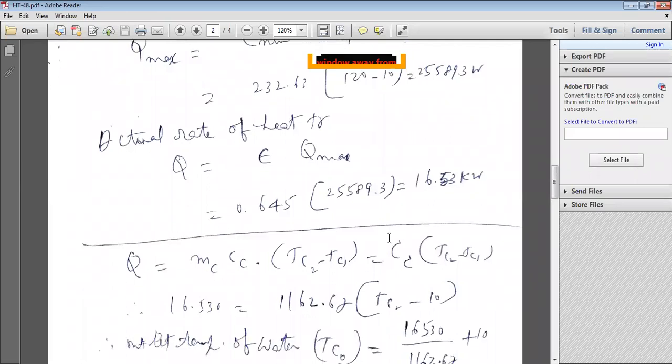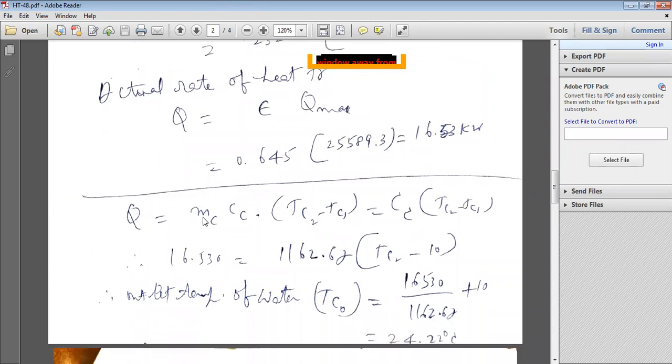From that, you get the actual rate of heat transfer, 16,530 watts, or 16.53 kilowatts.